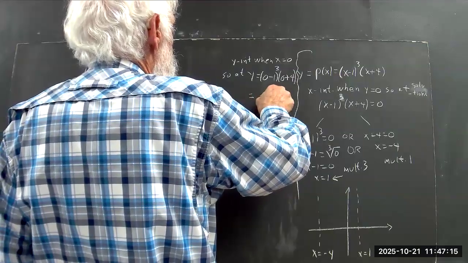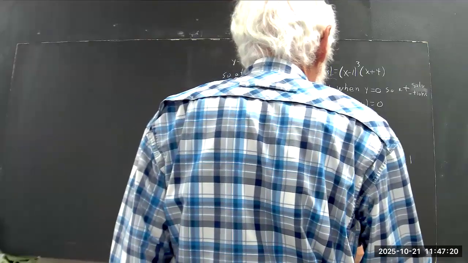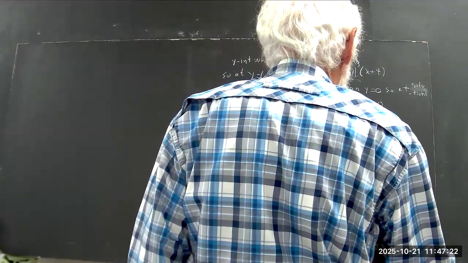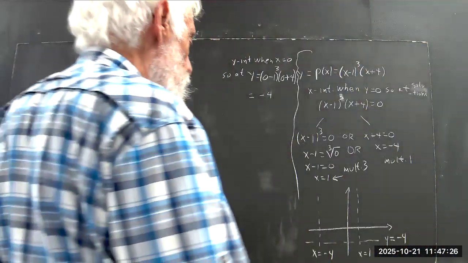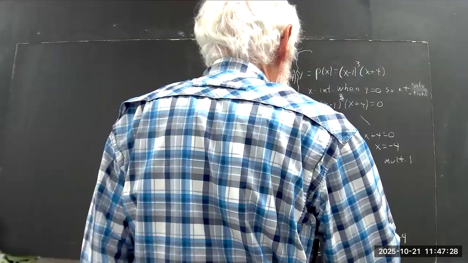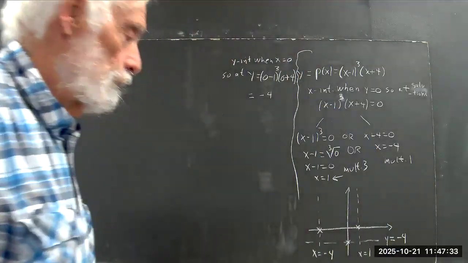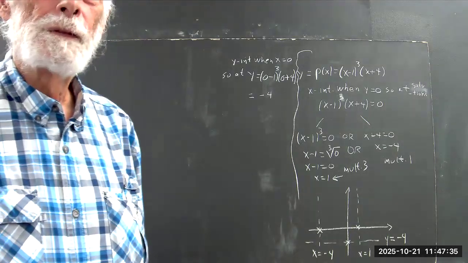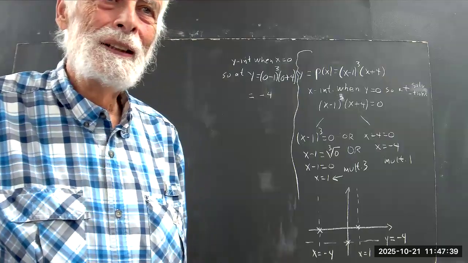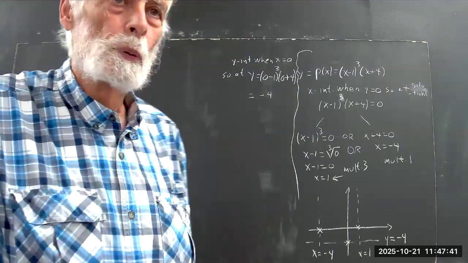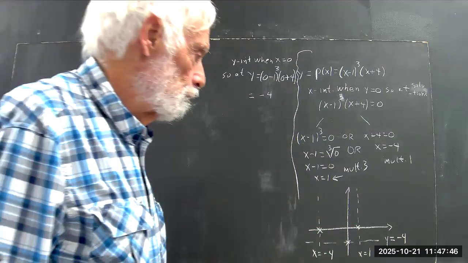And that equals negative 4. So you have a y-intercept here at y equals negative 4. So we have these 3 points. And I'm not going to label them just now, because I want to draw the graph. And if I label them before I draw the curve, the curve's probably going to go through one of my labels. I keep my labels clear of my curve if I draw the curve first.